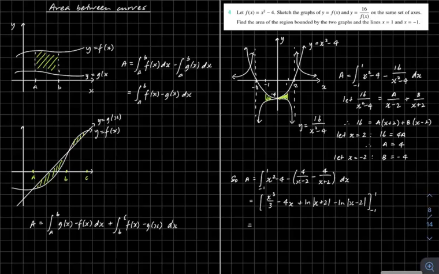I don't have heaps of room here, but let's go substituting in. Positive 1 is going to give us this, and then we're going to have the natural log of 1 plus 2, which is 3, and then 1 minus 2, so it's going to be negative 1.